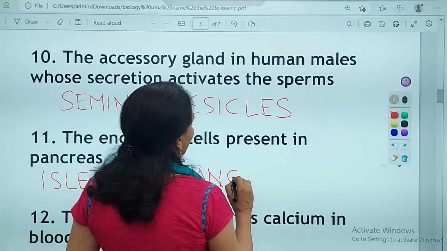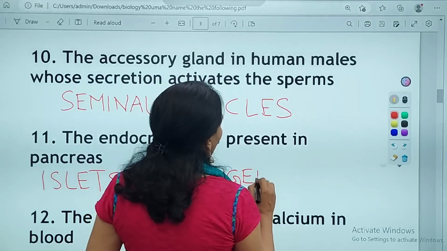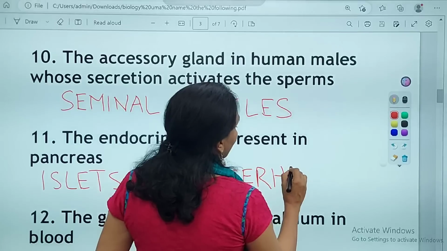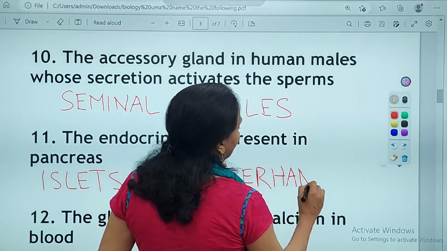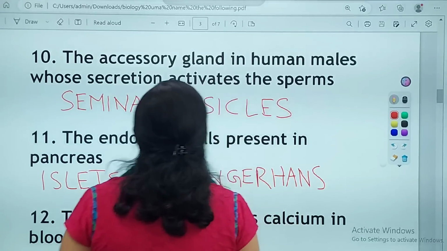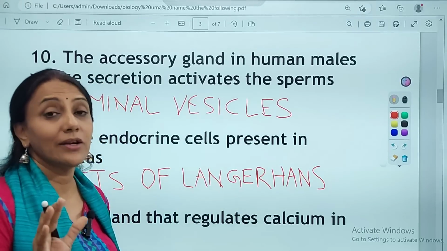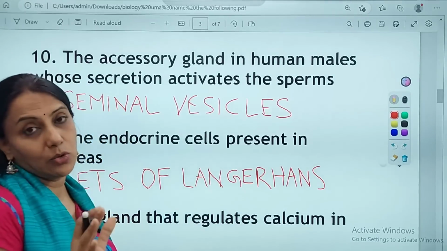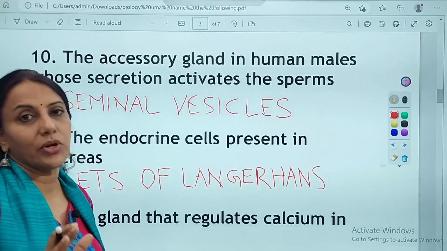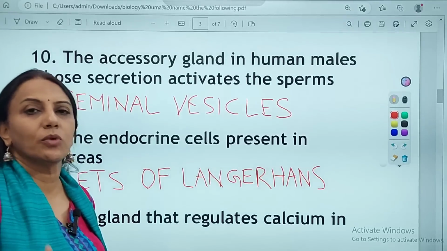Can you tell me what that function is? Islets of Langerhans. What they do is, there are two types in this, alpha and beta. Even that I think is there in your portion. They produce very important hormones called insulin and glucagon. And they are the ones that regulate the metabolism of sugar in the body.